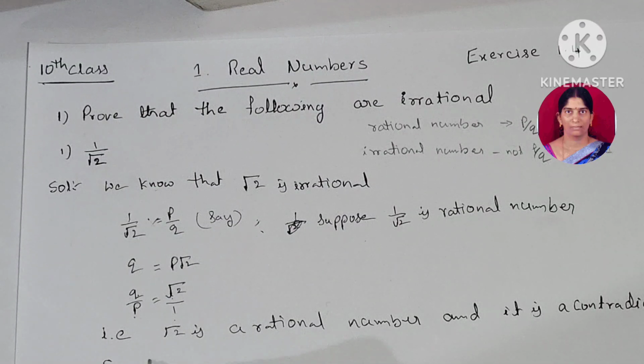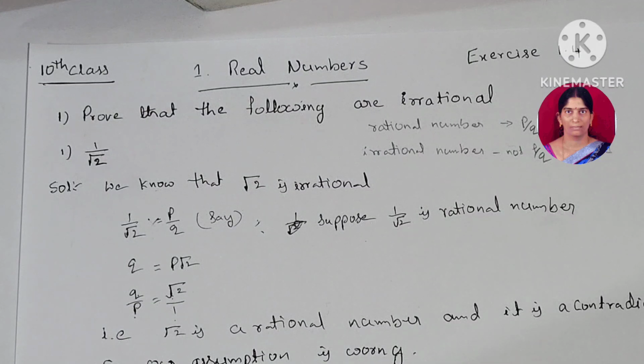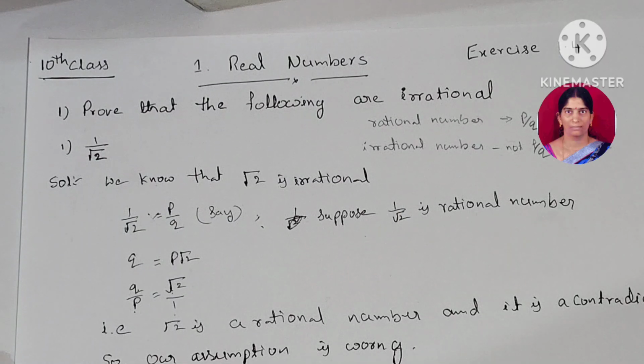Therefore 1 by root 2 is an irrational number. This is our first proof.